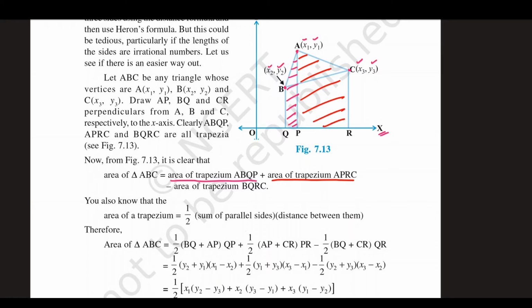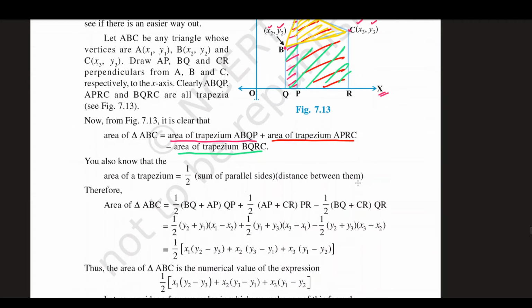And we have to subtract the area of BQRC. So it is this region. And then we are left with this region. Okay, so it is very simple. The area of a trapezium, we know, can be written as half into the sum of parallel sides into the distance between them.